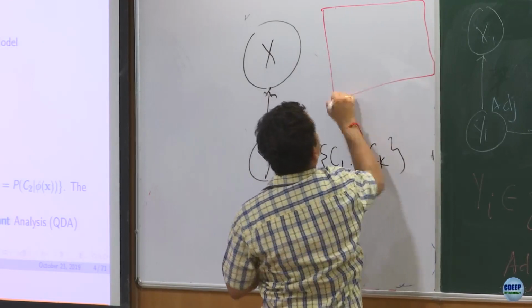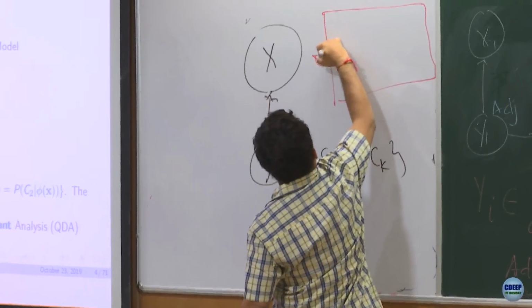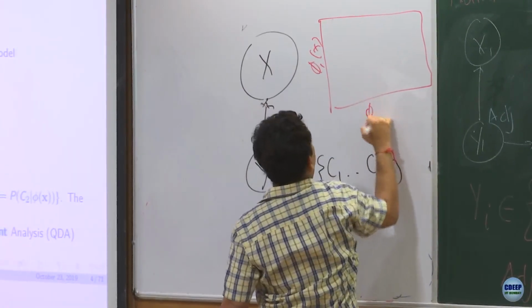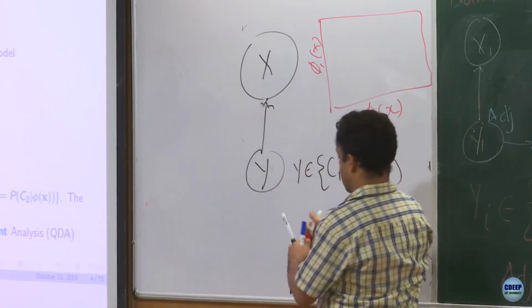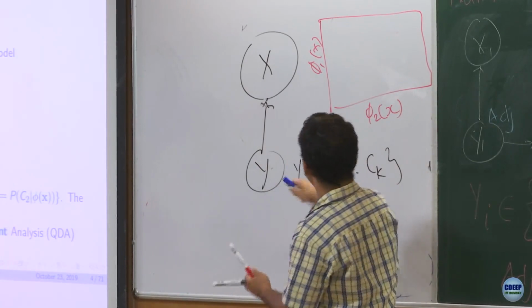X could be a vector where you can say phi 1x, phi 2x, and each of these could come from different classes.